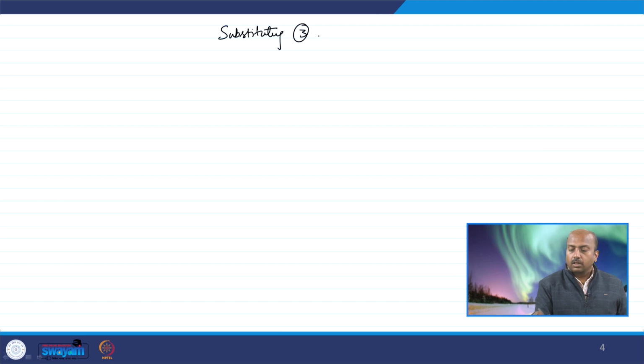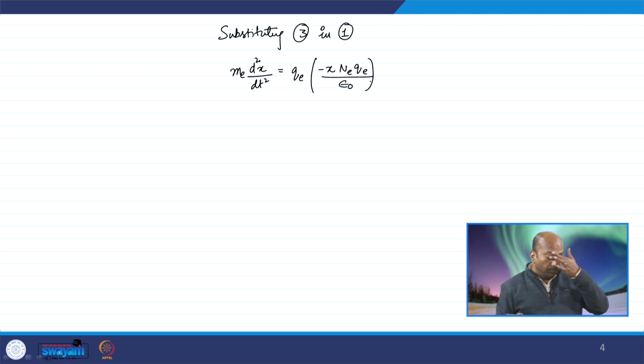So substituting equation number 3 in 1, we can write Me d square x by dt square equals QE times minus x Ne QE by epsilon naught.